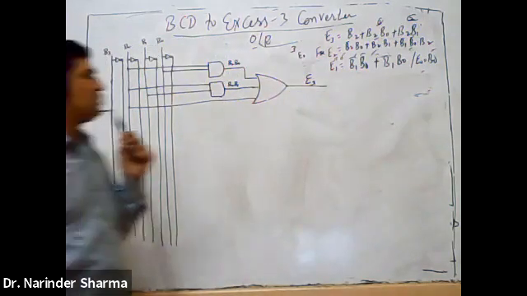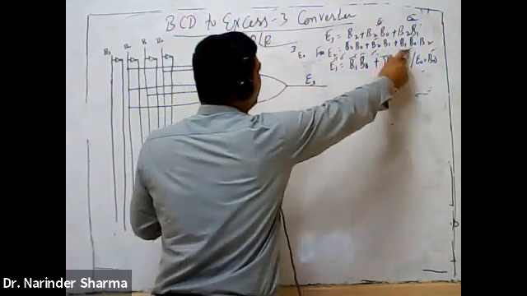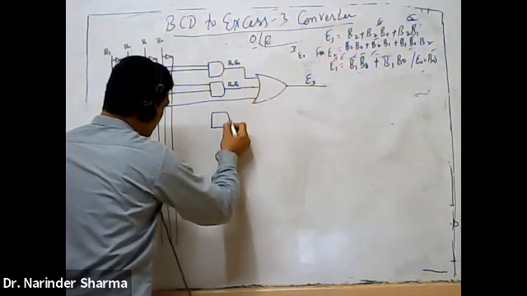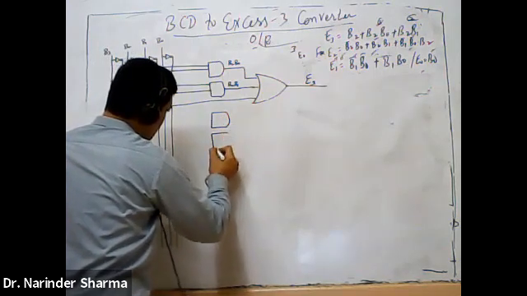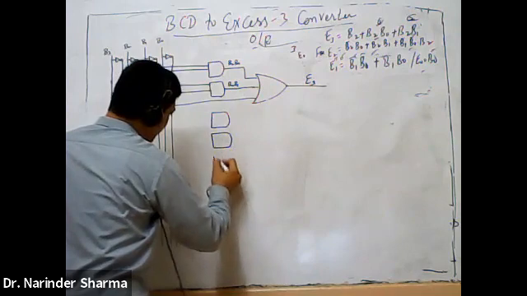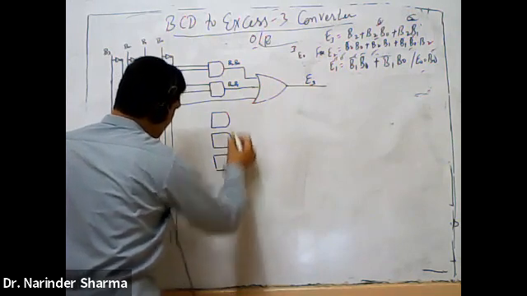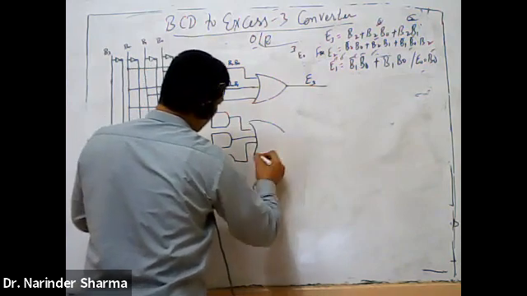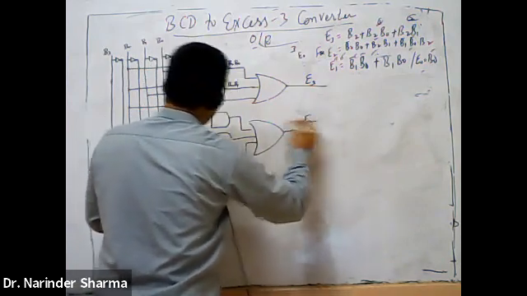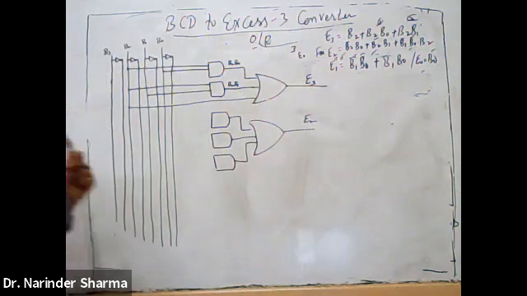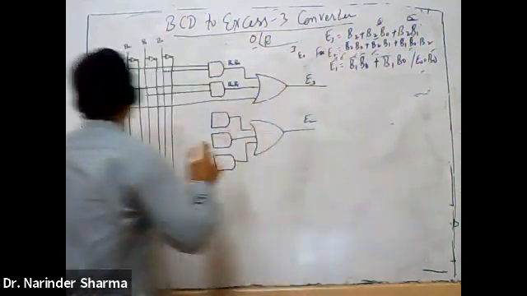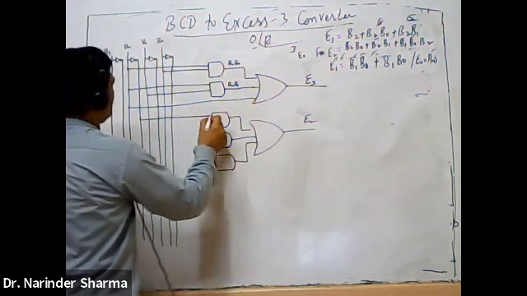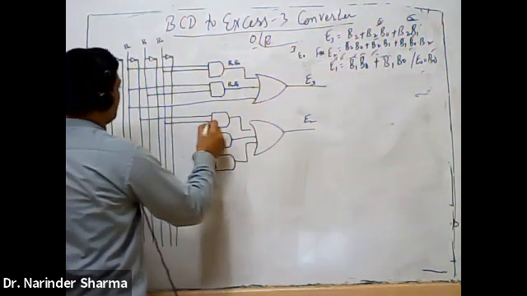Similarly, for E2, 3 AND gates are required. 1, 2, 3. Further, these are applied to an OR gate to get the value of E2. First expression is B2 bar B0. This would be your B2 bar. This would be your B0.